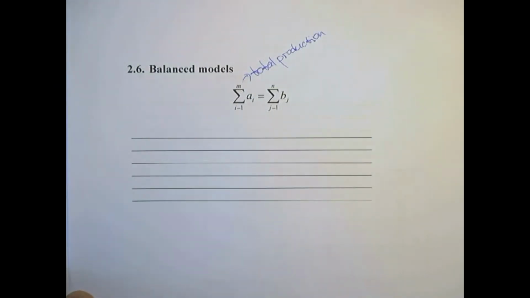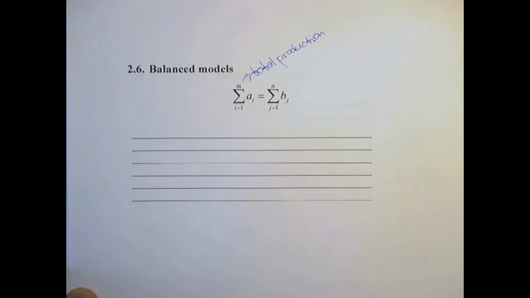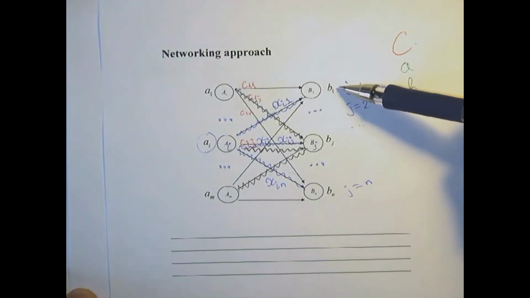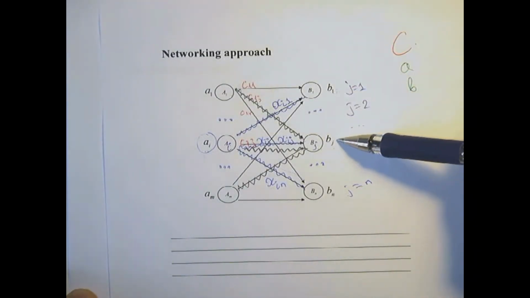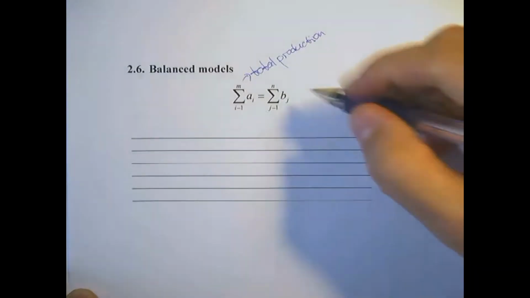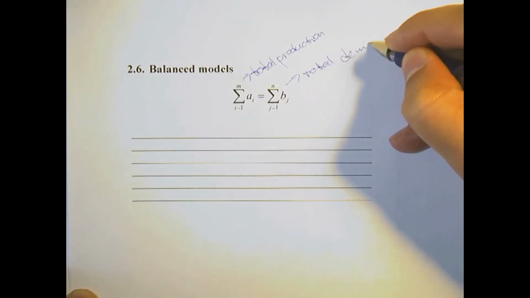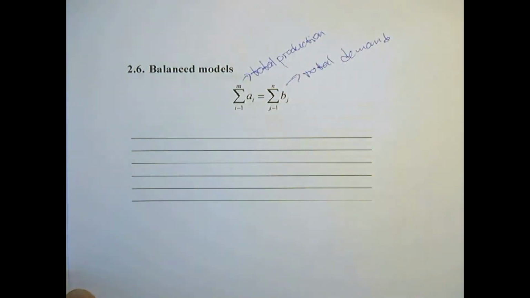And if we consider the right-hand side, it is b small 1, b small 2, and so on, b small n. It is the total demand.